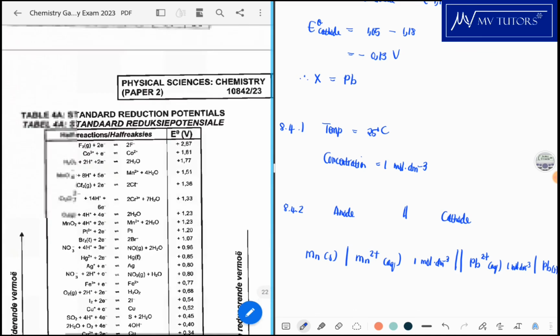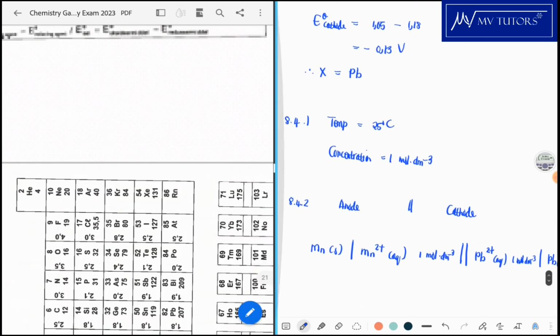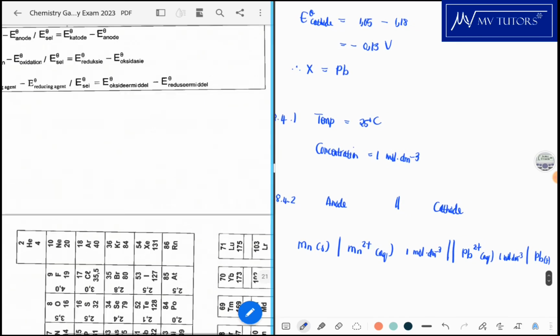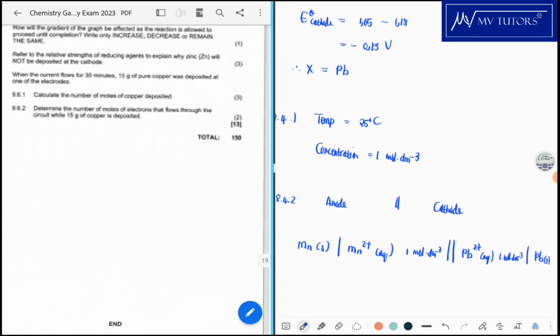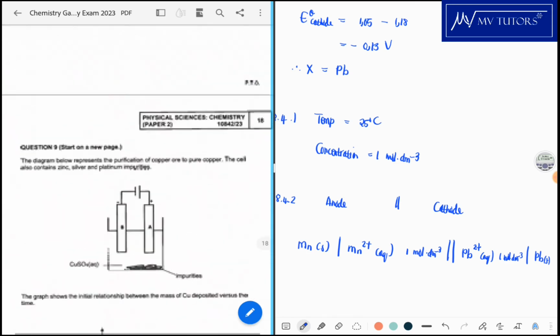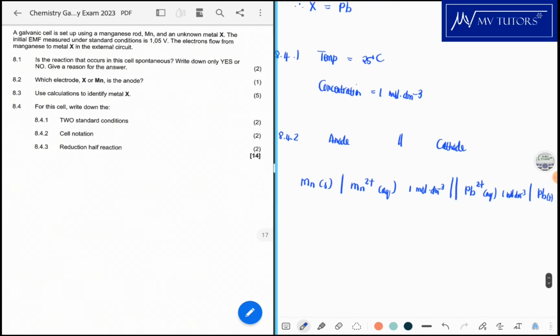So yeah, that is basically it. That's the cell notation. Your electrode, yeah, I wanted to say your lead electrode, okay. So where are we? Yeah, that's the cell notation for 2 marks.